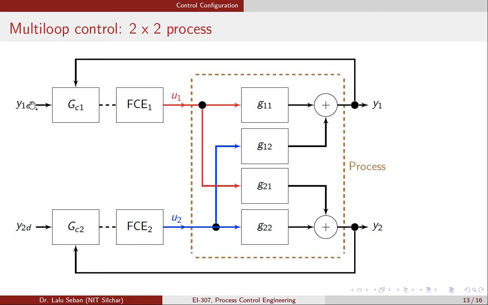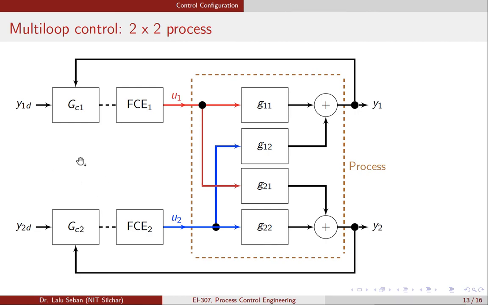If by any chance any controller fails, say for example controller 1 fails, we require manpower to take care of this controller and y1. We can control y1 manually because controller 1 has failed. What about y2? There is no problem. y2 will be taken care of by this controller, which will be in good shape. So we don't require any manpower to take care of y2 or the second controller.